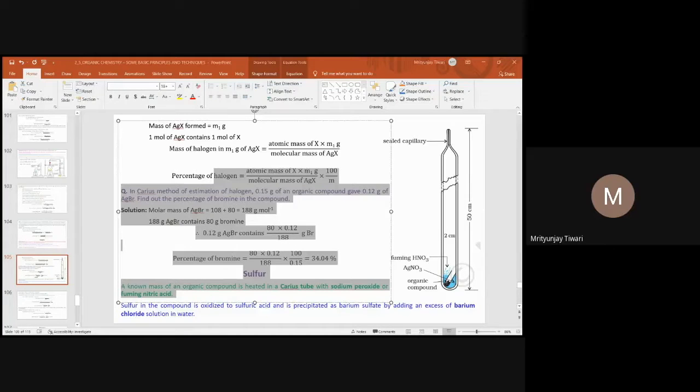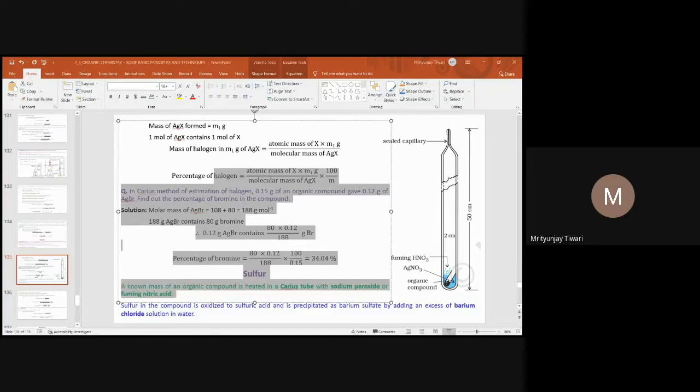If the phosphorus is estimated in the form of Mg2P2O7, then 1 mole of Mg2P2O7 contains 2 moles of phosphorus, and the molar mass of Mg2P2O7 is 222 gram per mole.